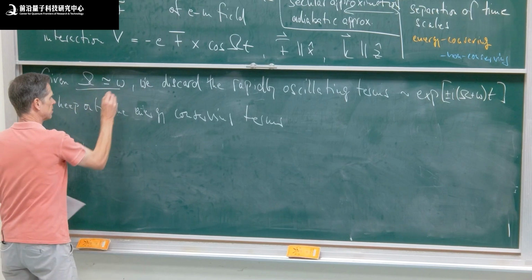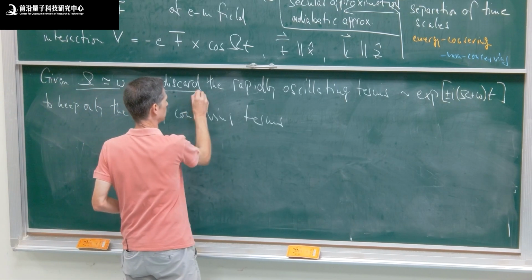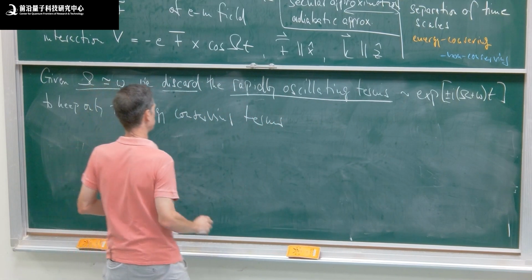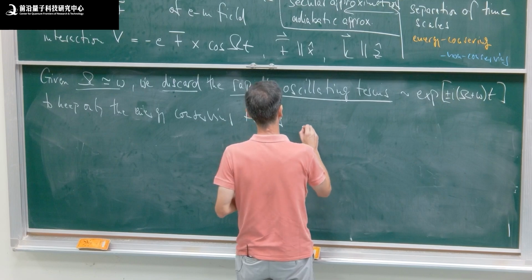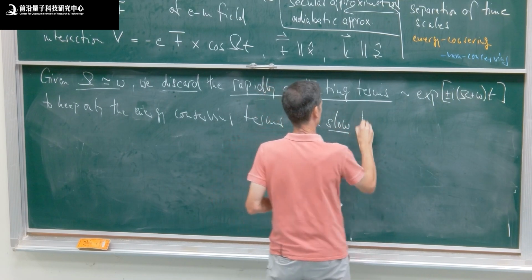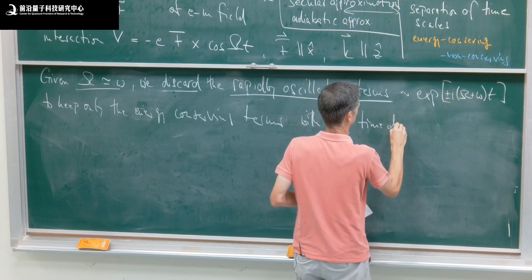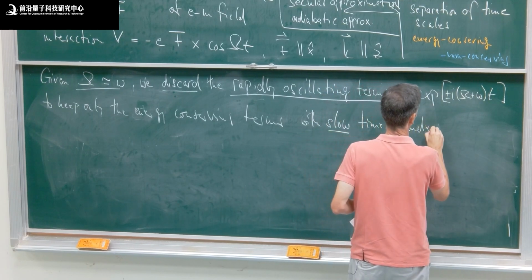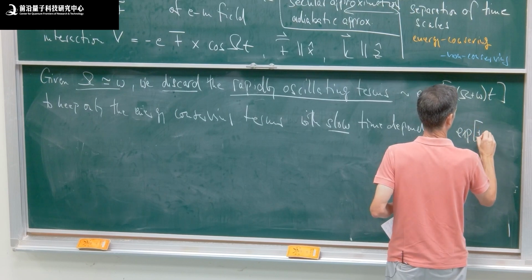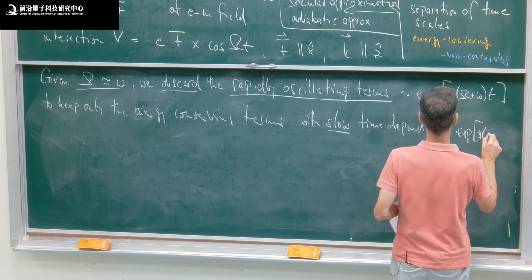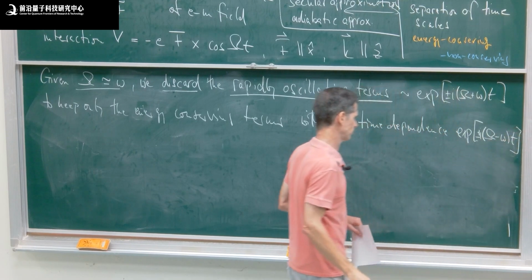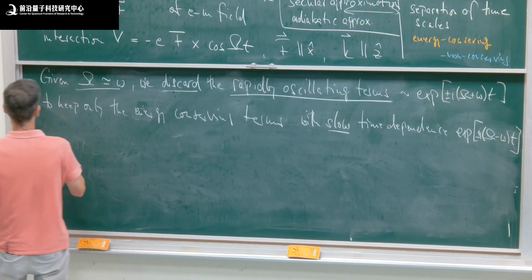So given the resonance condition, right, we discard rapidly oscillating terms, and so keep only the energy conserving terms with slow time dependence, exponential plus minus i times (omega minus omega) t, right?